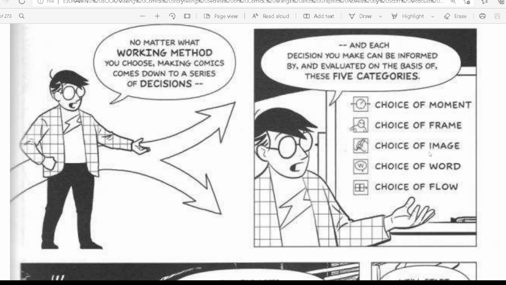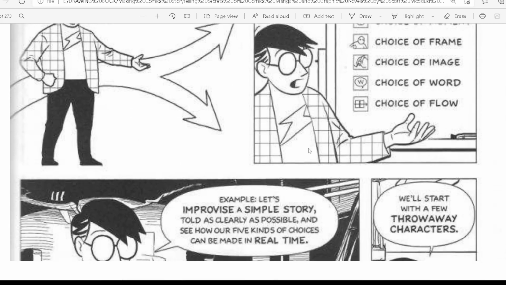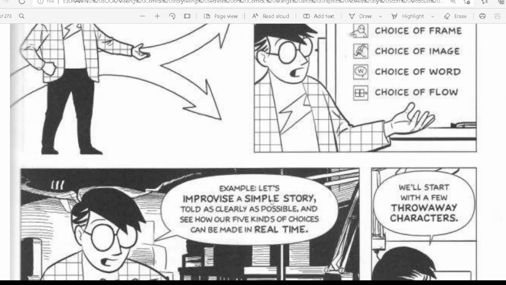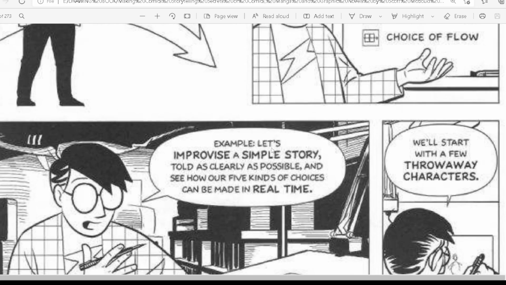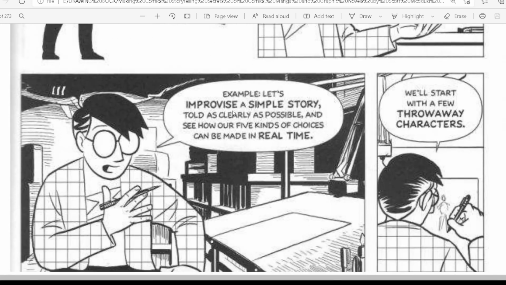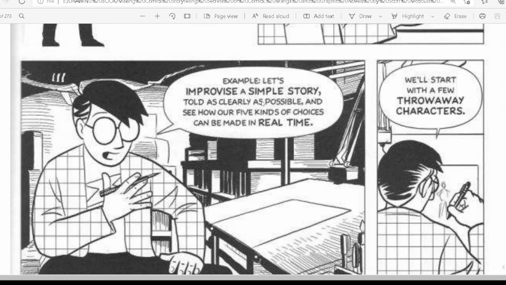Is your choice of frame truly the best, or should you make it better? Likewise, you can evaluate all 5 choices. Does your comic strip really have these 5 choices in a better way? Then definitely your comics are going to look better, and be comfortable for the readers to read. Not only comfortable, but interesting also.